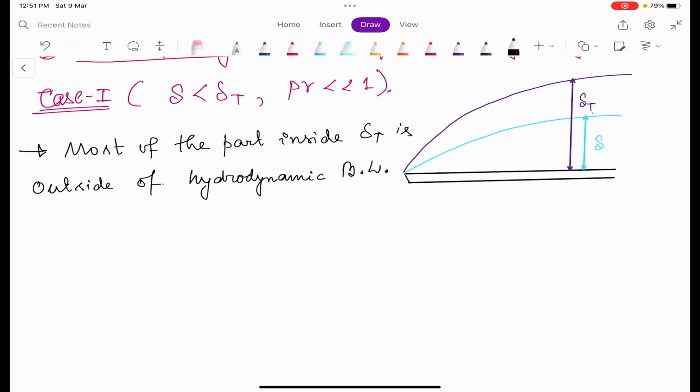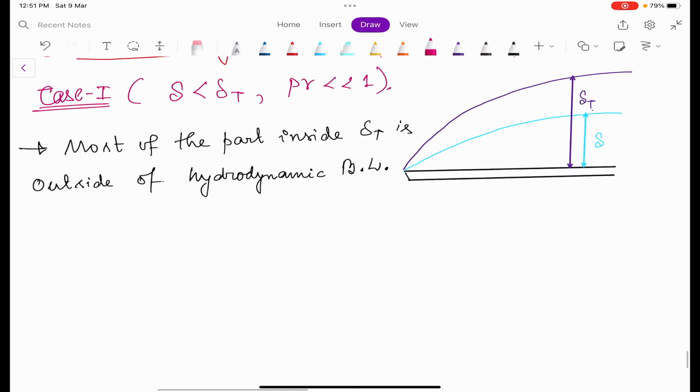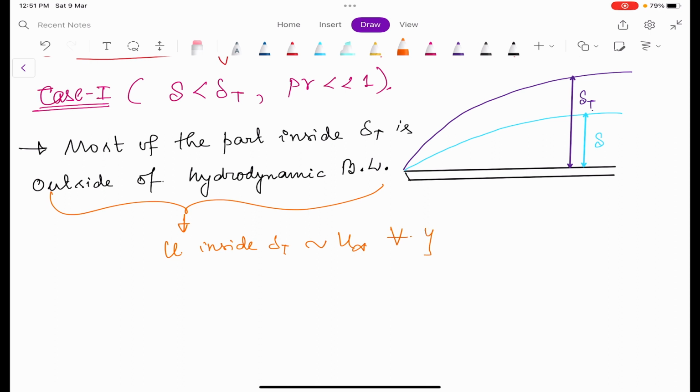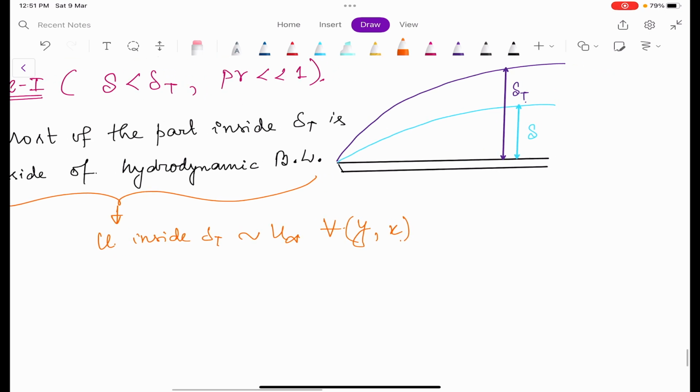And if I assume this, then from this assumption I can directly say that u, that is the x component of velocity inside delta t, will be approximately equal to u infinity for all y, for all x.